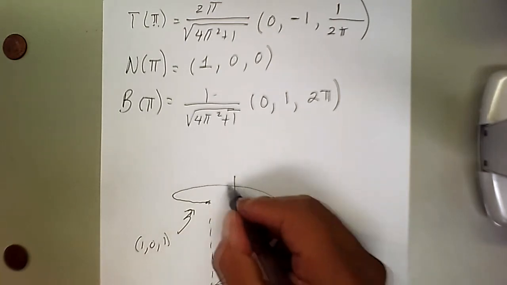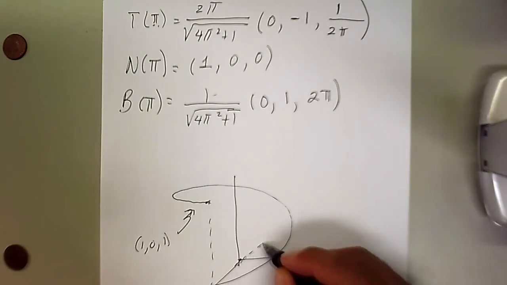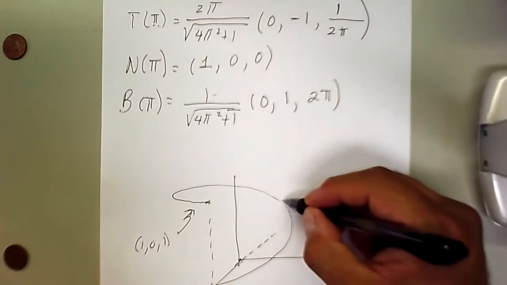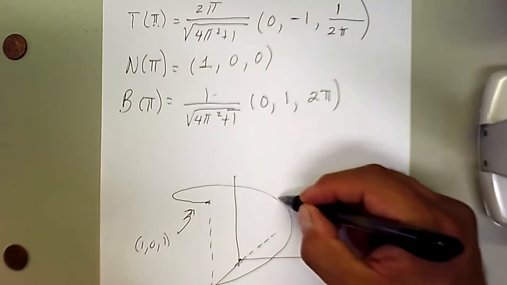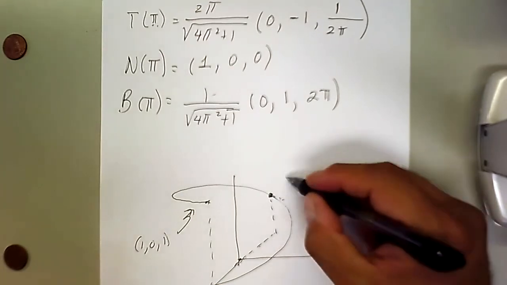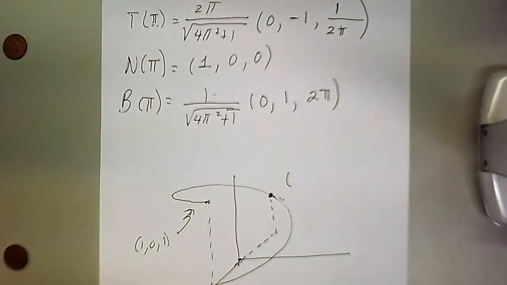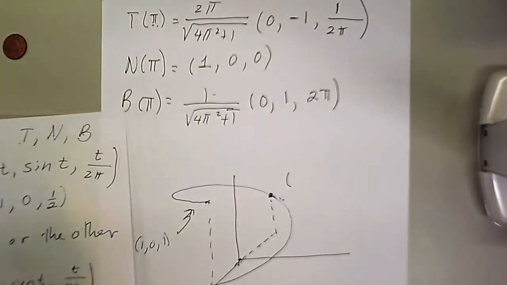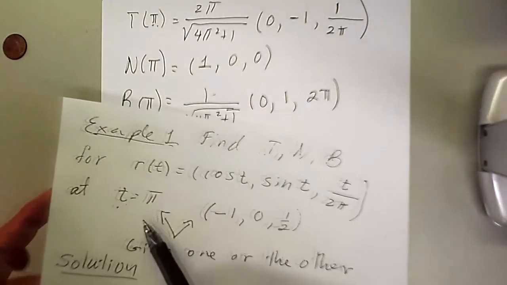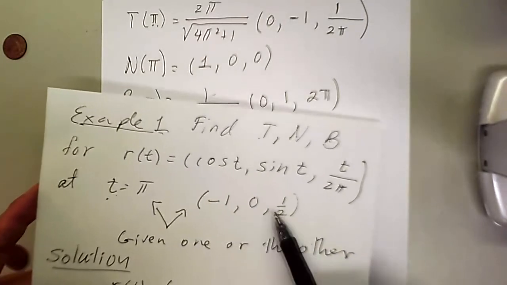It goes all the way up to, so this is 1 unit. If this continues back here, we're going to have a point probably about here. This point is the point when t is equal to pi. So that point would have coordinates -1, 0, 1/2.